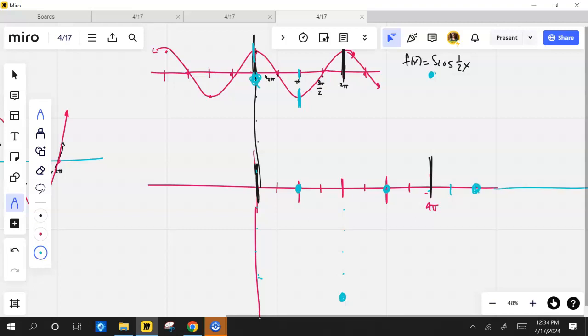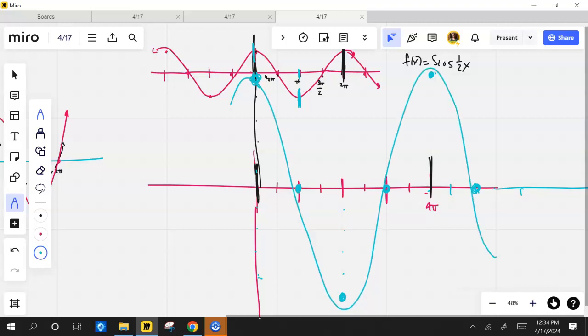And then I would skip 2 again if I needed to, and that would be my low. And so I've got enough that I can pick up this. And all you need is one period. One period is enough to graph it. Let's do another one.